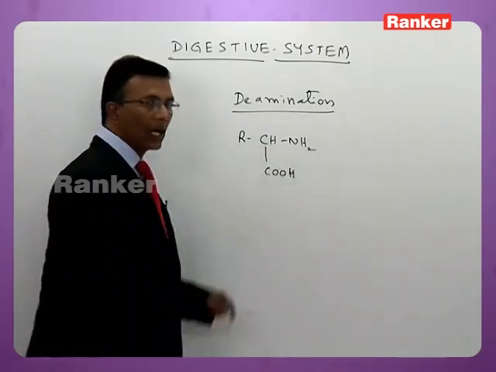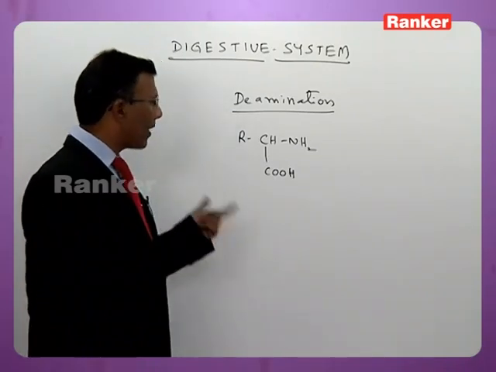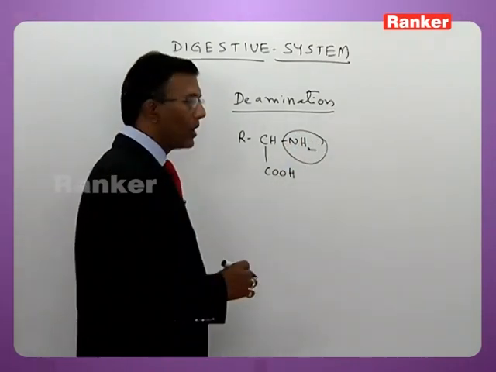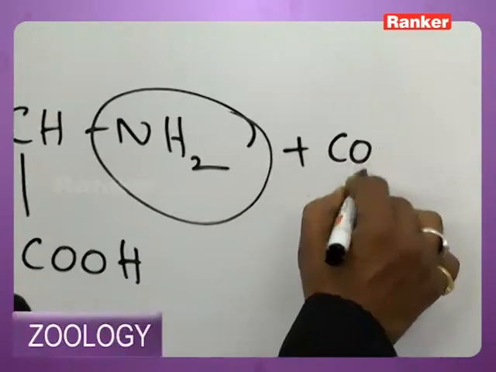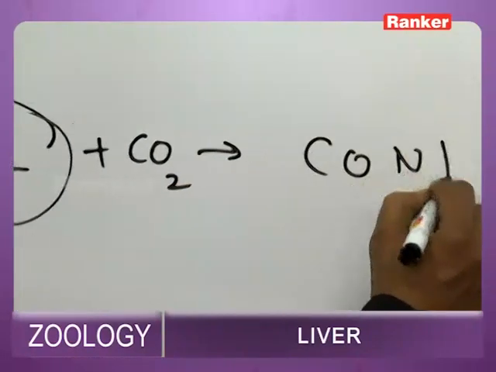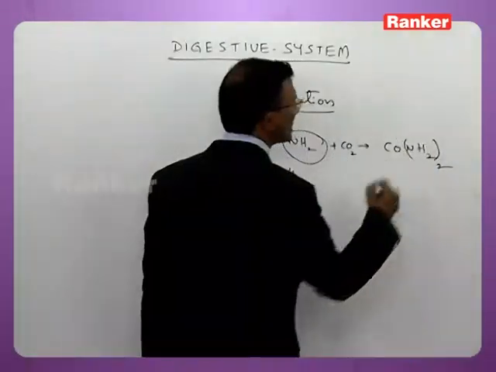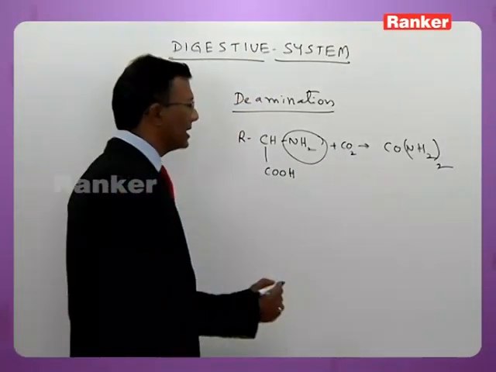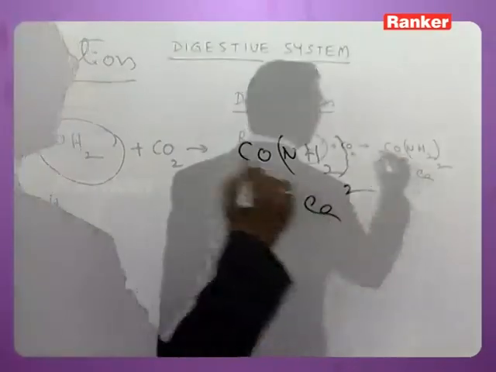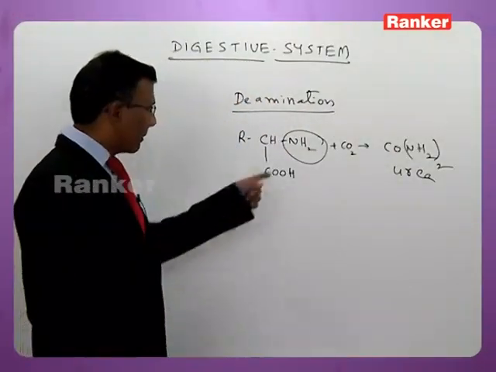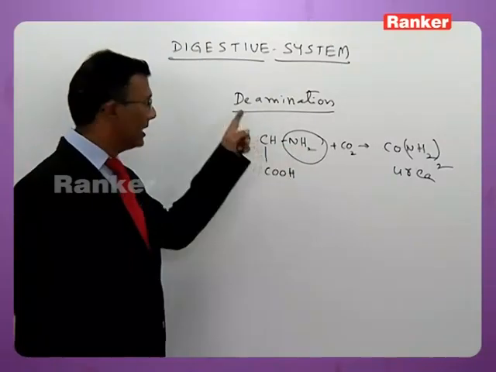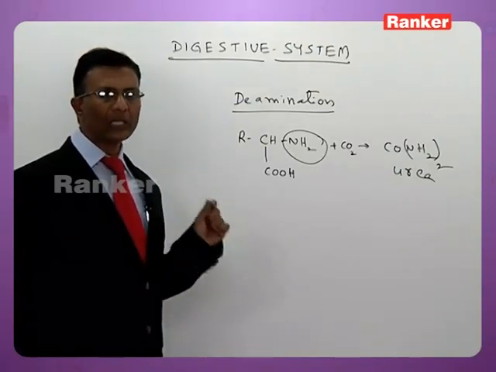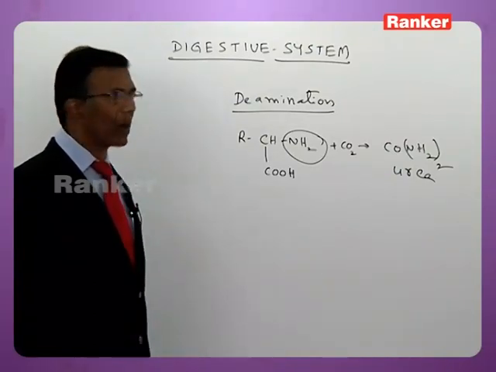During the formation of urea, this amine group is removed from the amino acid. It combines with CO2 to form CONH2 taken twice, which is otherwise called urea. Since formation of urea occurs by removal of the amine group from an amino acid, it is called the deamination process. So students remember, the liver is also a site of the deamination process in the human body.